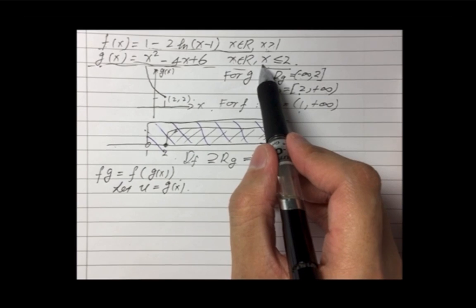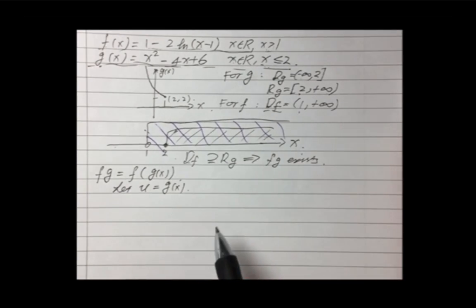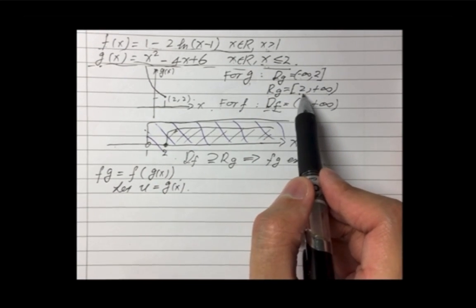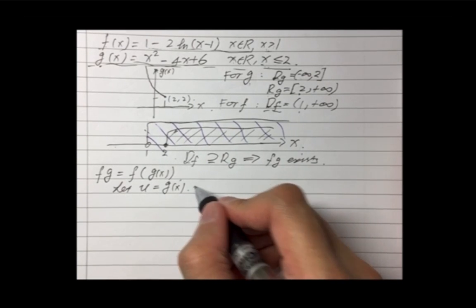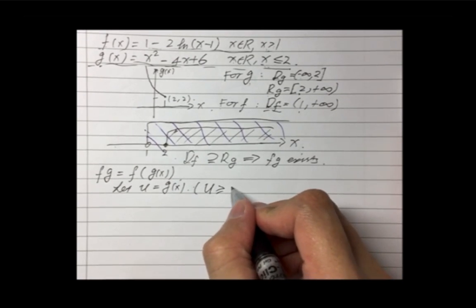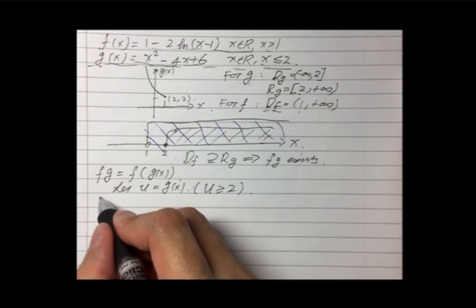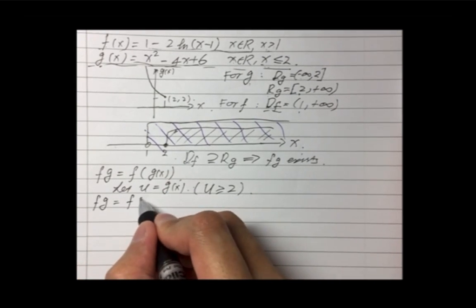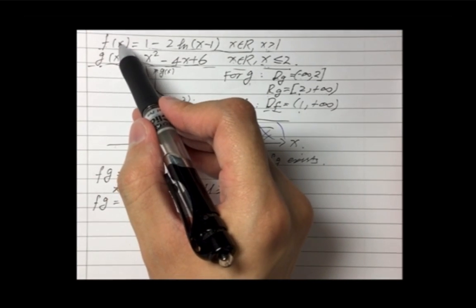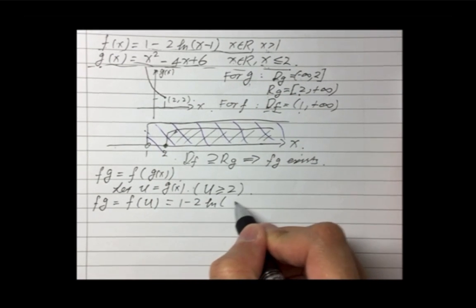We know that x is less than or equal to 2, and this g(x) has a range from 2 to infinity. So u must be greater than or equal to 2, right? In this case, fg will be f(u). By f(u), you just change this x into u, you get this.